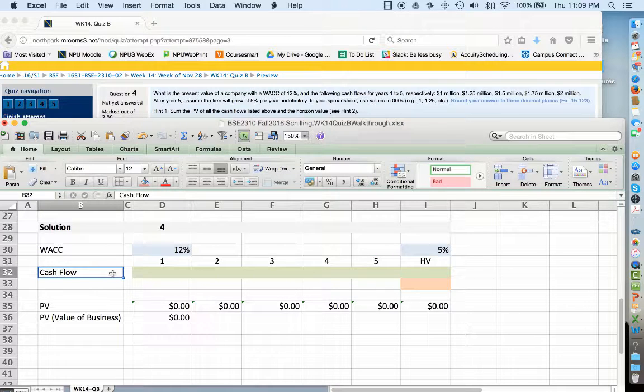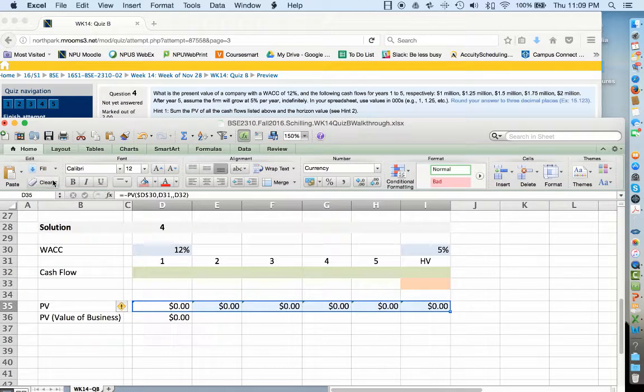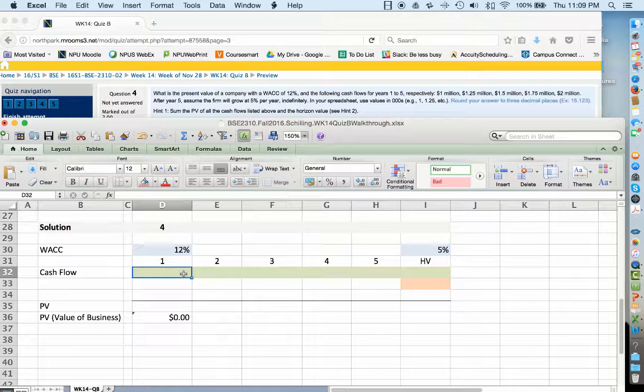So I'm going to type those in. 1 million, 1.25, 1.5 million, 1.75 million, and 2 million. I'm going to set up those cash flows. This analysis is very truncated, and so what it means is that we've left out the full evaluation of the cash flows. You're just given the net cash flows.